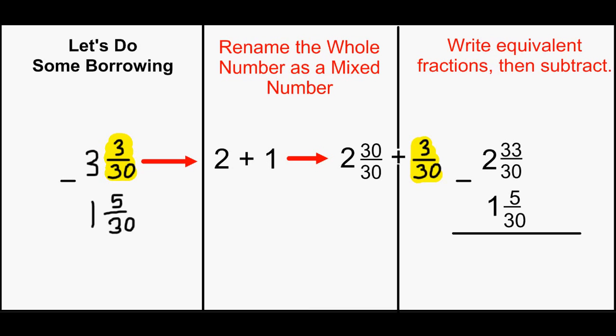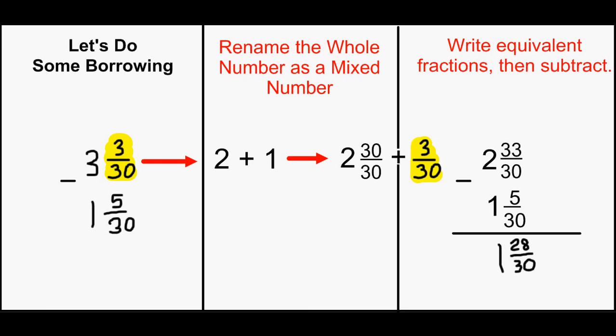Now that we have common denominators and we have a larger numerator in the top fraction than in the bottom fraction, I will do our subtraction. 33 minus 5, which is 28. Our denominator will stay the same, 30ths. And then we subtract our whole numbers, 2 minus 1, which is 1.